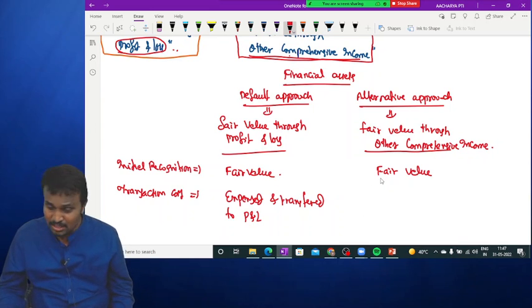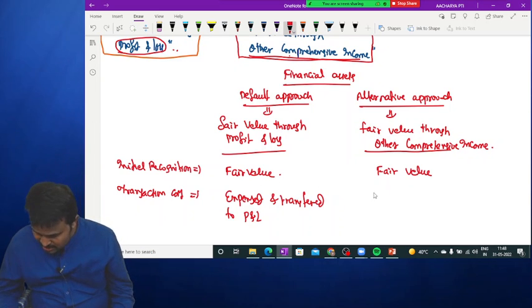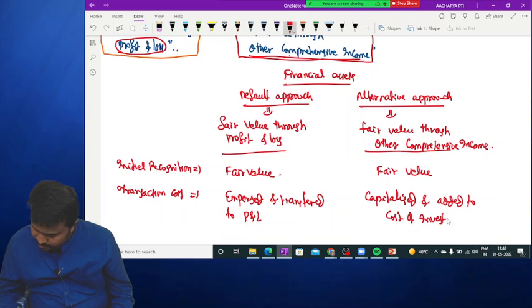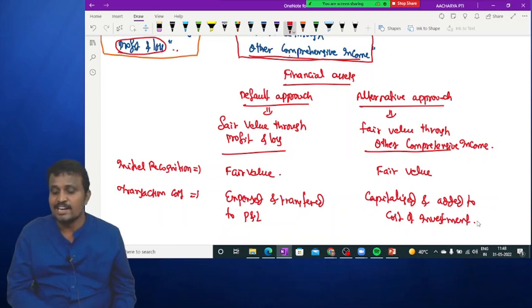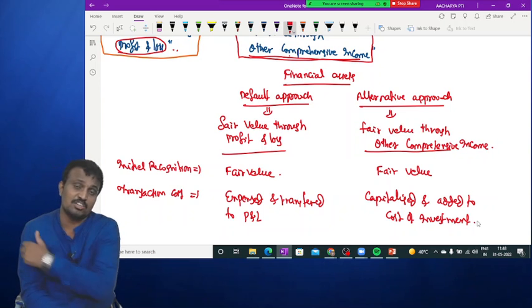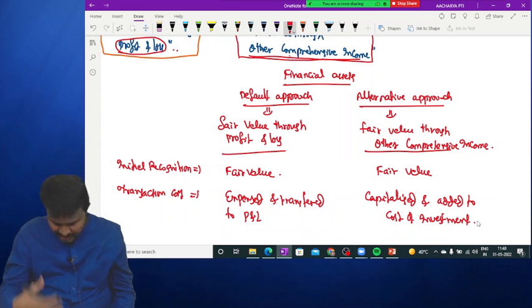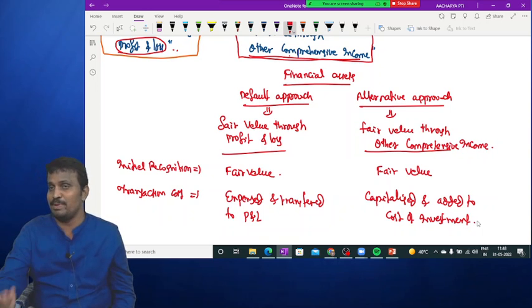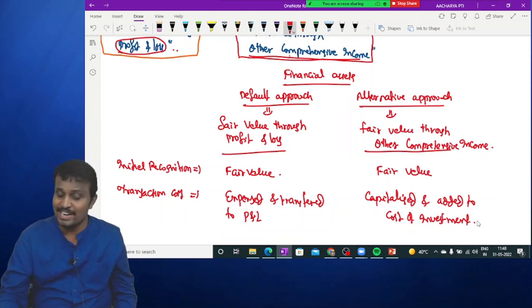But coming to the alternative approach, the transaction cost is capitalized and added to the cost of investment. Clear? Transaction cost means the cost incurred at the time of purchase or sale of the respective financial asset.